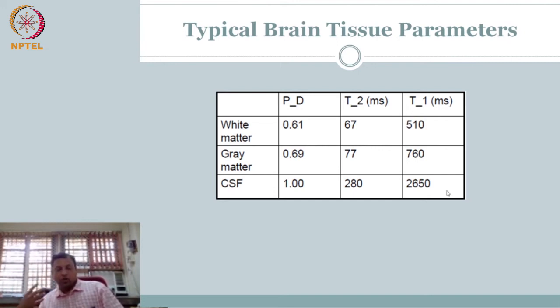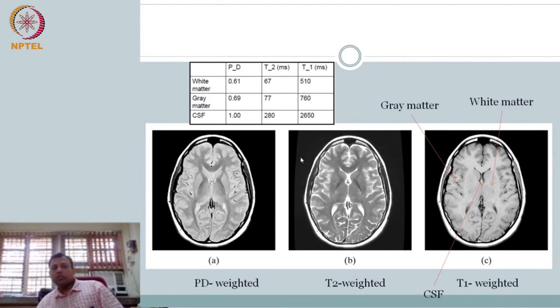Okay, so now the objective is, how do I get an image that predominantly captures the difference, or the contrast, due to proton density, contrast due to T2, contrast due to T1. Clearly each image is going to look different, right? This is the same slice. This is what we call a PD weighted image, T2 weighted image, and T1 weighted image. This is the same table from the last slide. You have different material and different properties. Each of them has different properties.